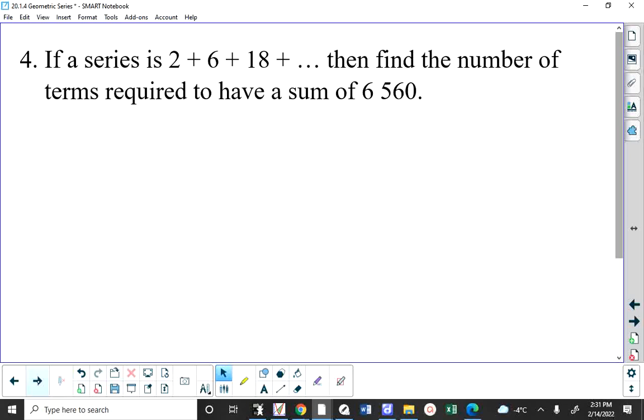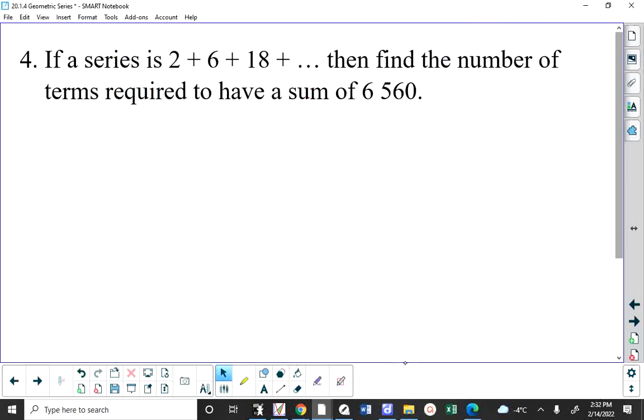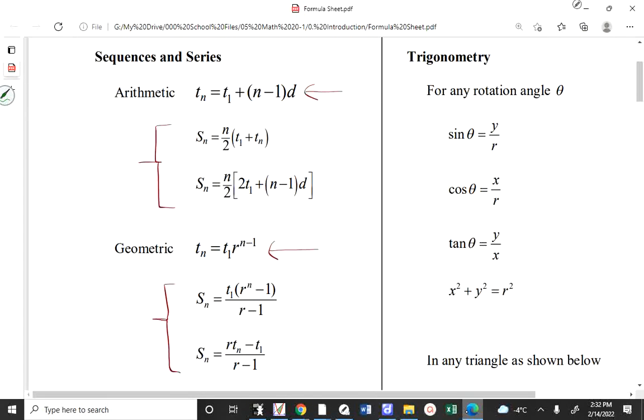Well, you know what? From a standpoint of a problem-solving approach, this is pretty easy because, well, first of all, let me back up. Is this arithmetic or geometric? Geometric, isn't it? Multiplying by 3 regularly, so there's a common ratio. So since it talks about a sum, we're going to have to use one of these two formulas.